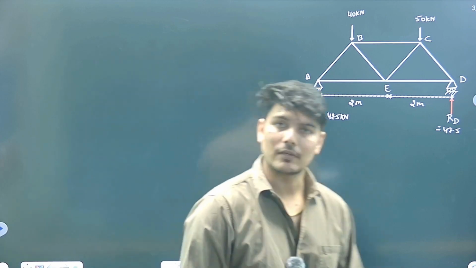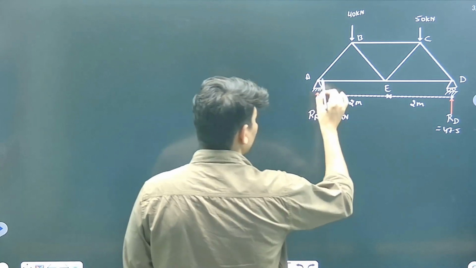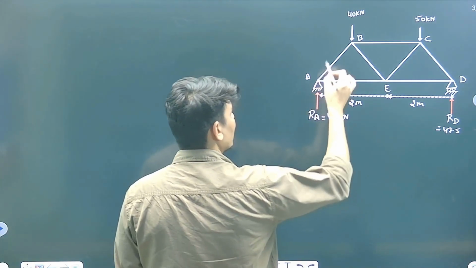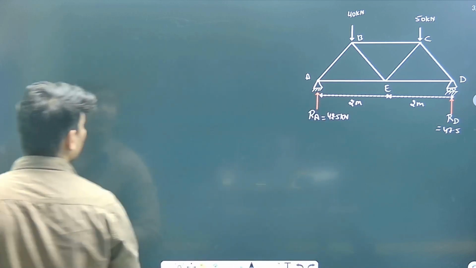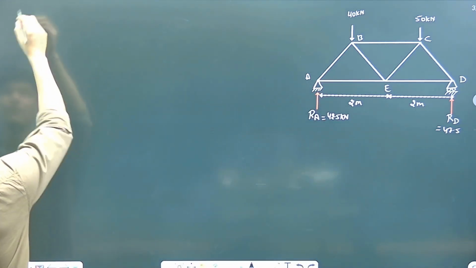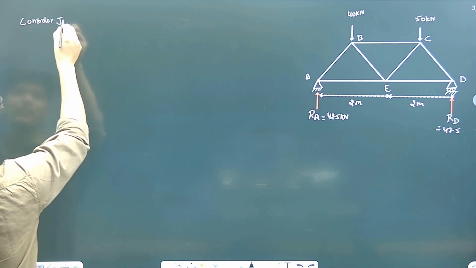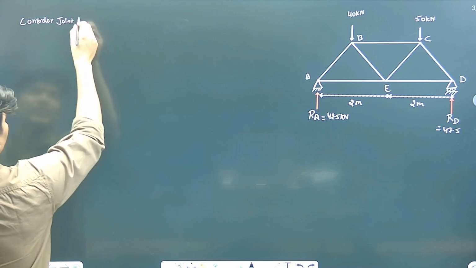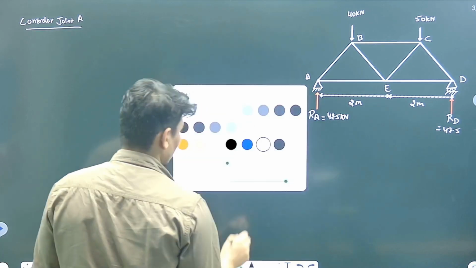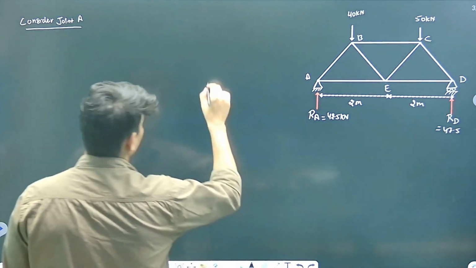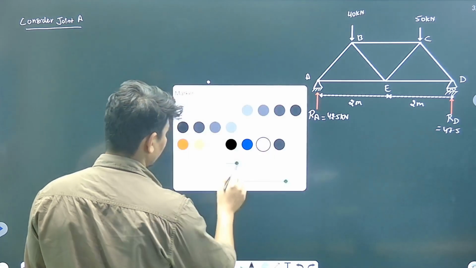Now let us calculate the forces in different members. First of all, here only two unknown forces are there, the force in the AB member and the force in the AE member, right? Consider joint A. To draw joint A first, this is joint A. Now, how many forces are there?